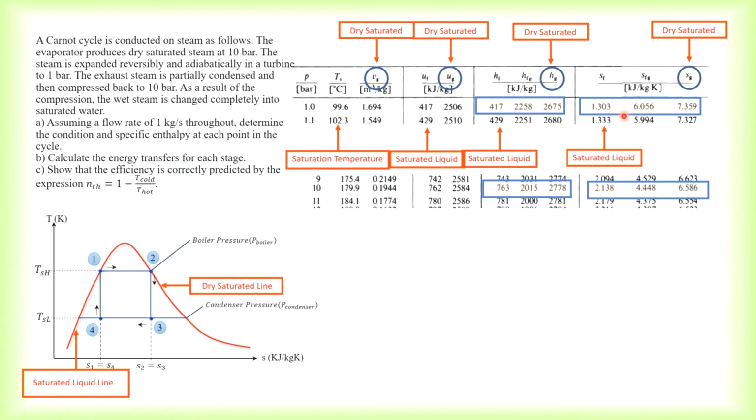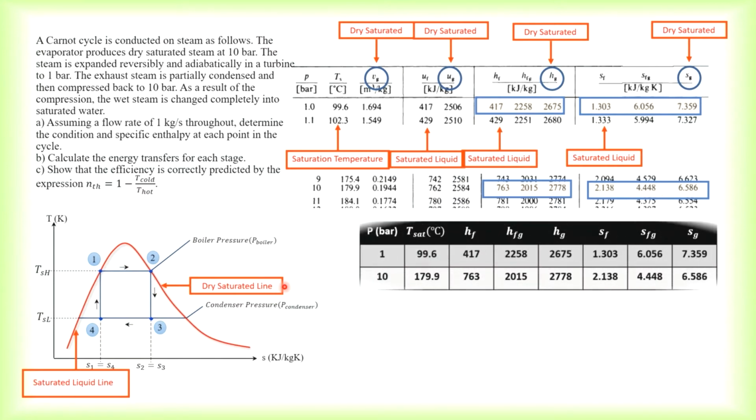Then we simplify it by placing it into the table that I have prepared here. With the pressure 1 bar, 10 bar, saturation temperature, write it down, 99.6, 179.9.